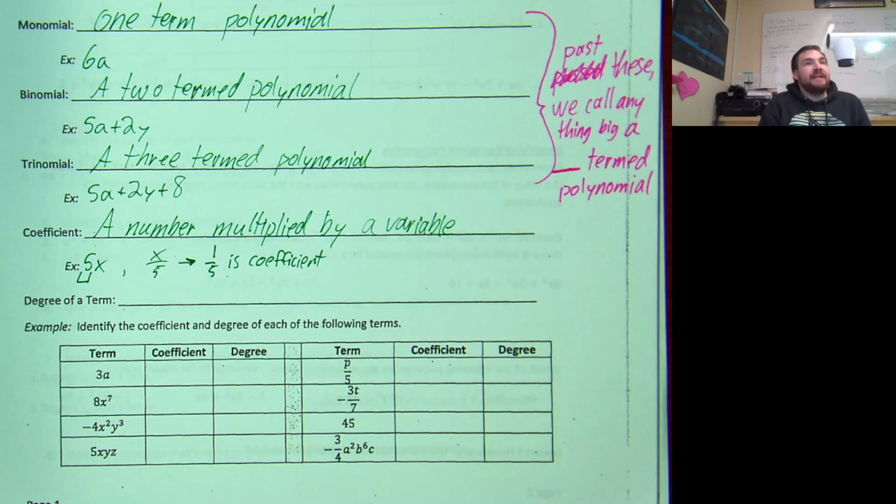Everything we did in the previous chapter, almost all of those expressions, were what we call linear. I introduced a couple at the end that started to have exponents on variables, but for the vast majority there were no exponents on the variables. Now, when we start adding exponents, it starts to change what we call the degree.